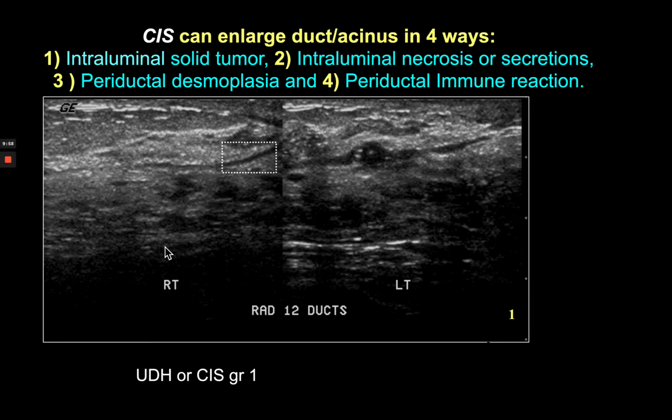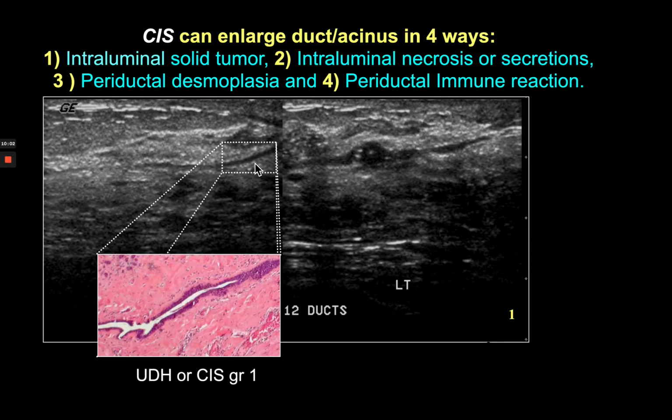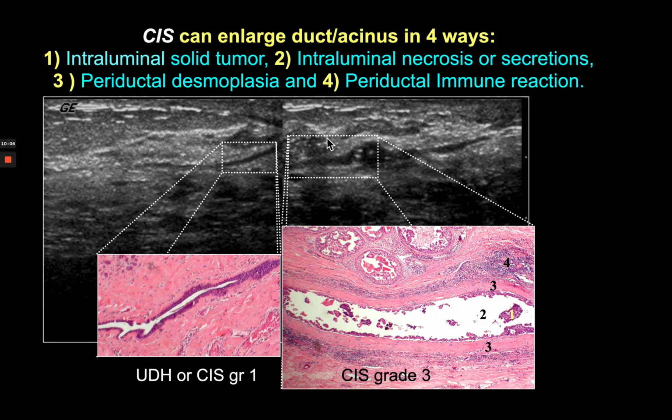So again, this is a normal duct with just usual duct hyperplasia on the side contralateral from the calcifications. Here we're showing in the rectangle exactly where the DAB specimen came from in this case. And where the maroon-colored double-headed arrow is, that's the widest part of the duct, and that includes the four components.